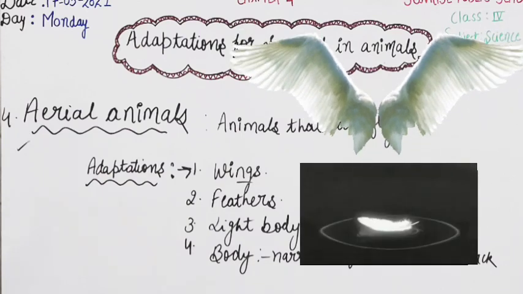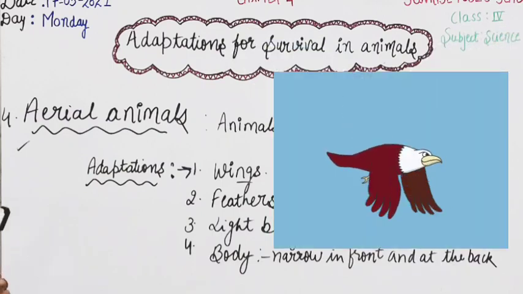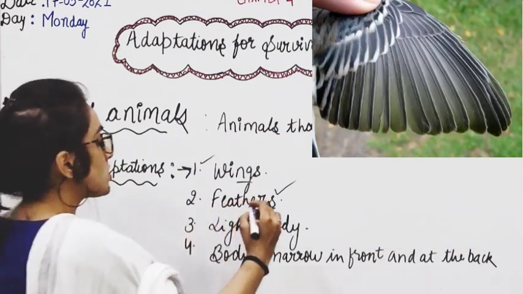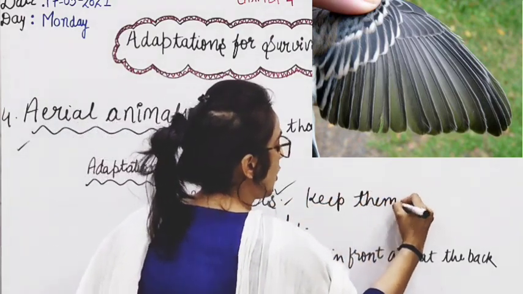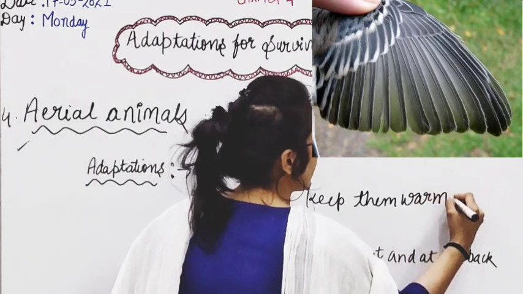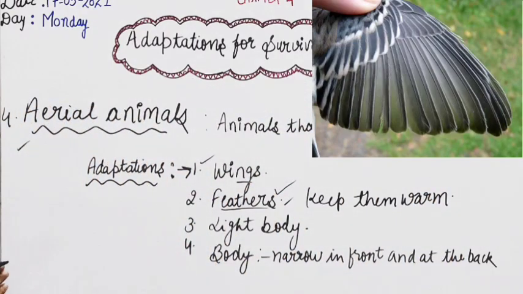With the help of the wings as well as the feathers, they can fly in the sky very easily. Feathers also keep them warm, so feathers help in two things: during flight, and keeping the body warm.